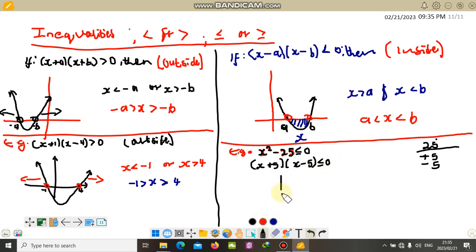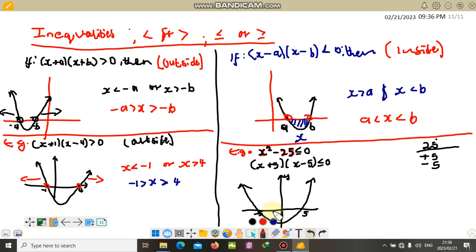So now I will plot. x equals negative 5 here, and here x becomes positive 5. So negative 5 and positive 5. Here it says less or equals to.